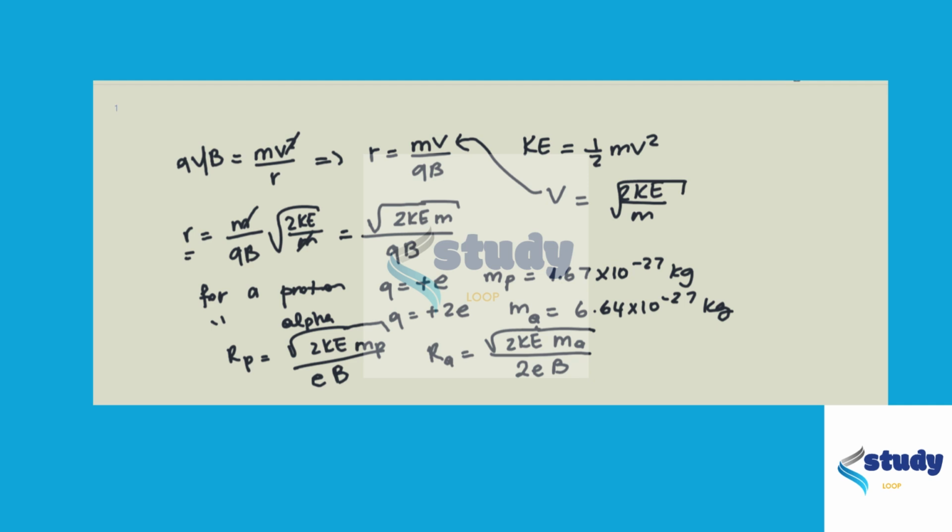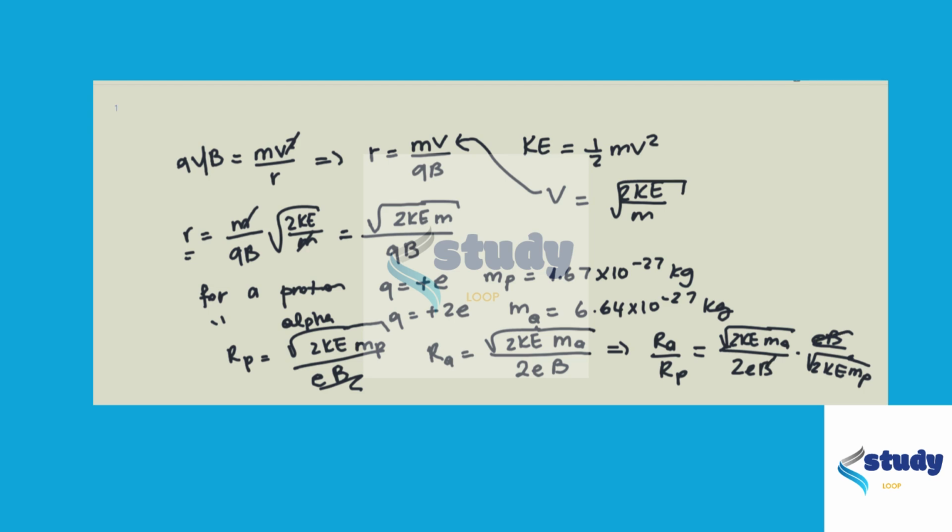Now, let's take the ratio of the radius of an alpha particle to the radius of a proton. When we do this, we have the square root of 2 KE m_a over 2eB, times, we're taking the inverse of this side, so it's going to be eB over the square root of 2 KE times the mass of the proton, right?